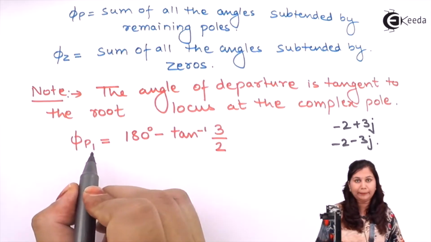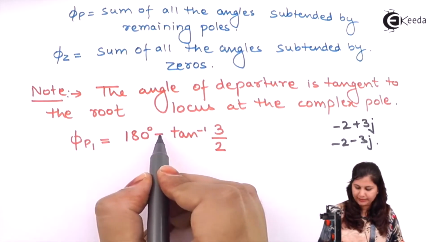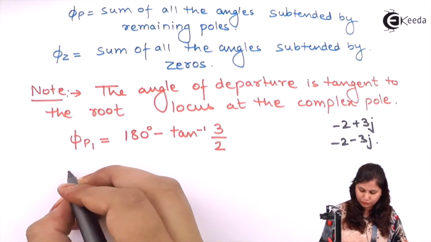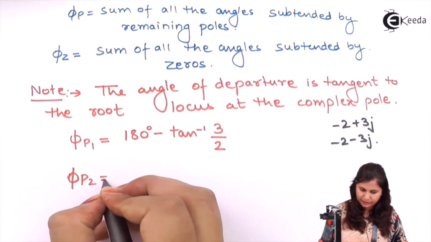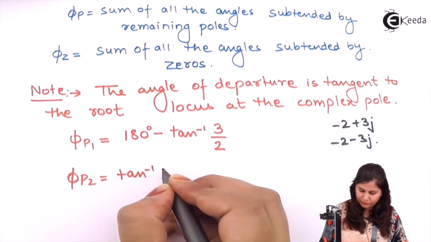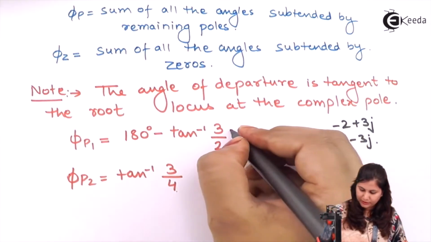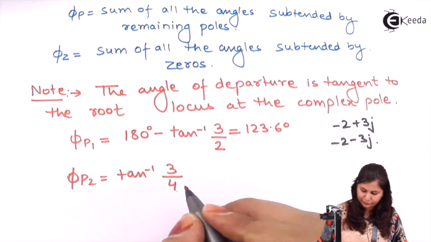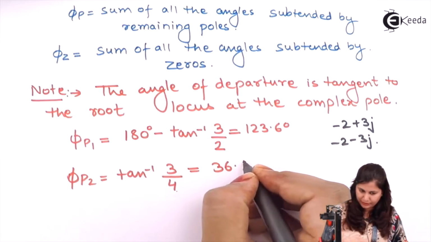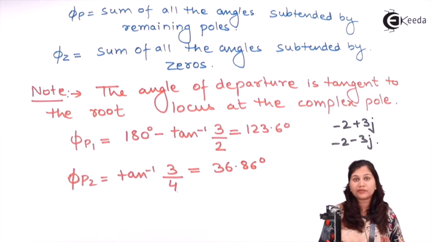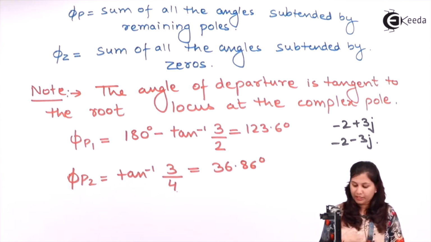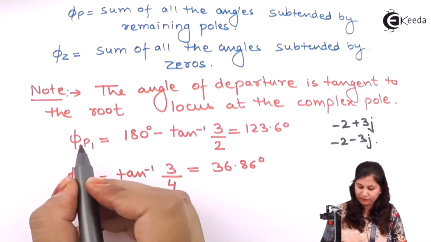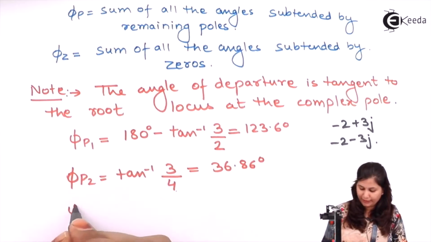And phi p2 will be tan inverse of 3 by 4. Its value will come out to be 123.6 degrees, and the value for this will come out to be 36.86 degrees. Because we have 4 poles, here we are calculating the angle of departure for one complex pole. So we will obtain phi p1, phi p2, and phi p3.